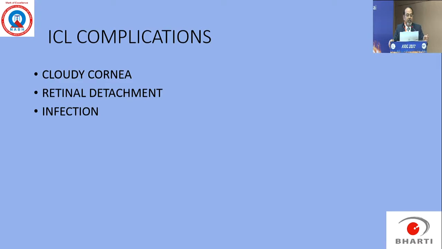The other thing is that cloudy cornea or detachment or infection, these are the surgical complications as in other surgeries. While you're doing the surgery, you have to be very careful that you do not damage the endothelium. You've already investigated that there is no disease related to the corneal endothelium before that, and retinal detachment and everything.